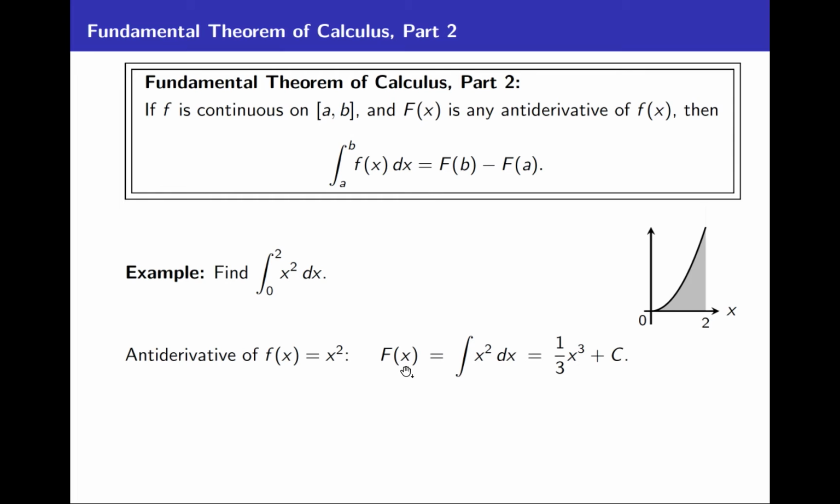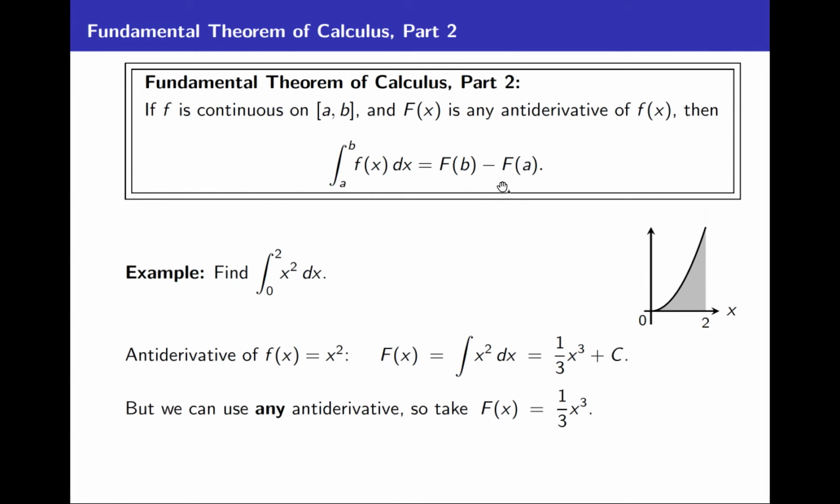Big F of x is the indefinite integral of x squared dx. That's 1/3 x cubed plus c. But the fundamental theorem of calculus says that any antiderivative will work. So since we can use any antiderivative, just make things simple. Take that c to be equal to 0. So big F of x is 1/3 x cubed.